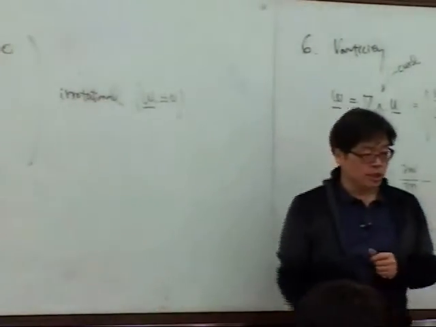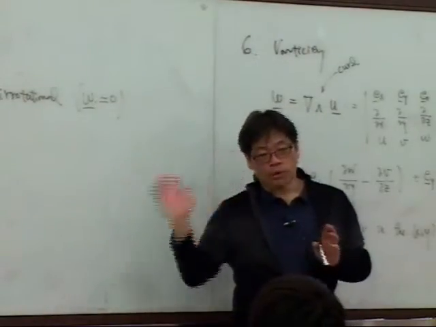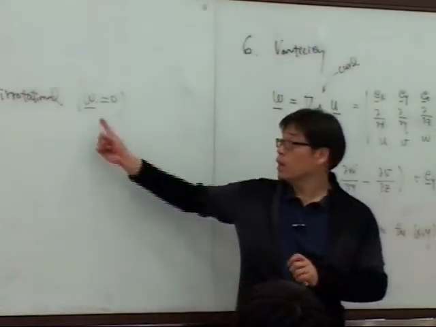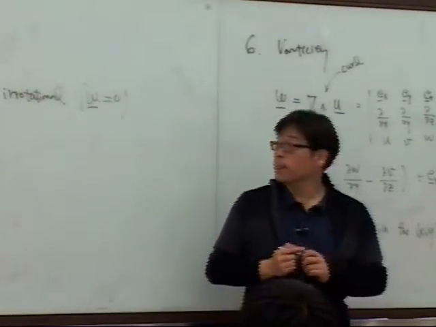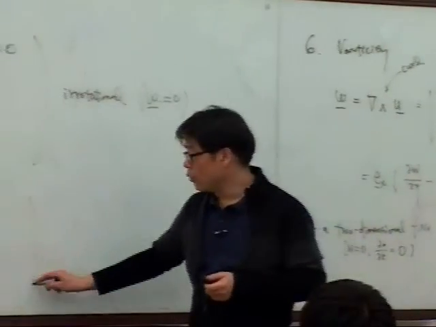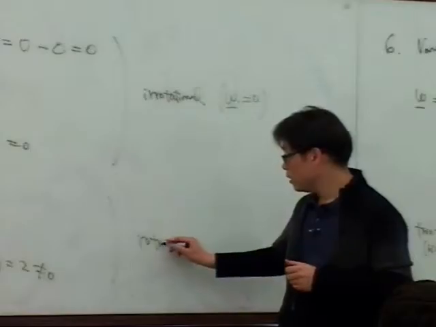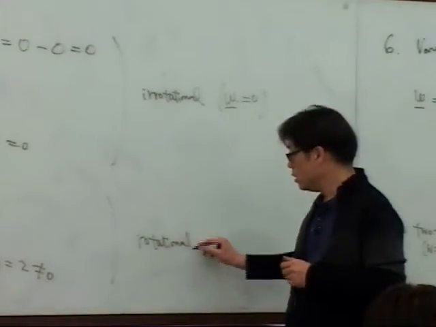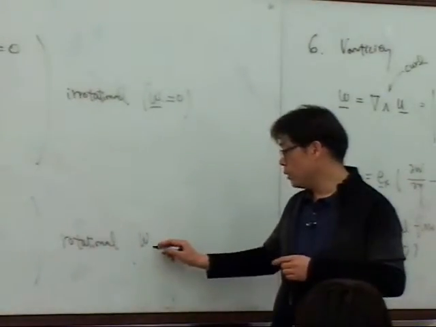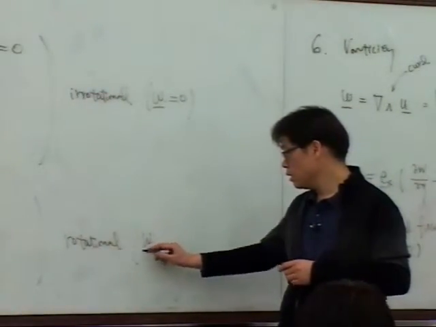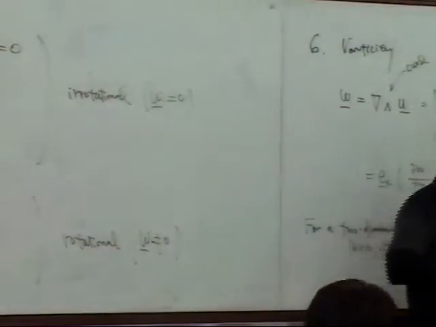I used examples for two-dimensional flow, but in three-dimensional flow, all three components of vorticity have to be 0 for the flow to be irrotational. On the other hand, if you have a flow with non-zero vorticity, then it's a rotational flow. So you call the flow rotational if any of those components could be non-zero.